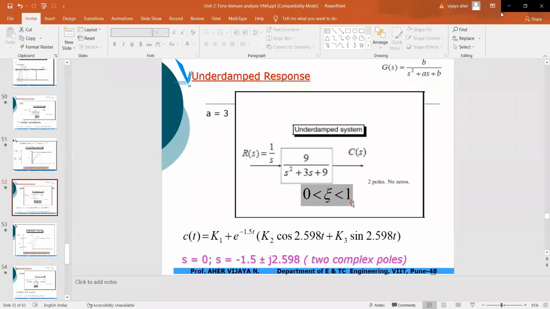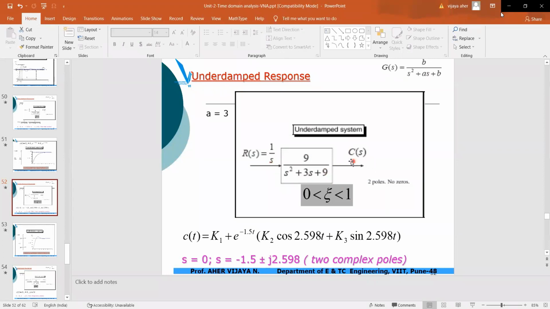Now, same procedure again. We are going to plot poles and response for the underdamped system. Now, this is the transfer function equation: 9 divided by s square plus 3s plus 9. Unit step input is applied at the input side of your process. Output of your process is nothing but C of s, right? Unit step input means R of s becomes 1 by s.